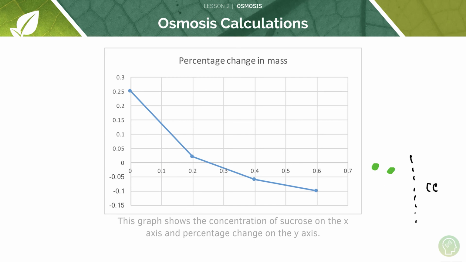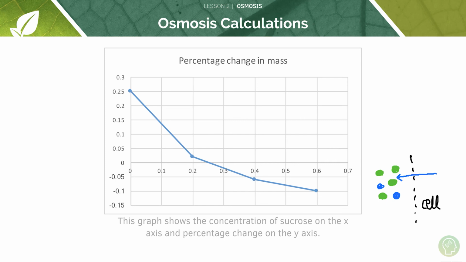Also, if you have more sucrose molecules on the outside of the cell, it means that you actually have fewer water molecules, right? So the water potential is going to be lower, and therefore water will move out of the cell, down its water potential gradient, okay?